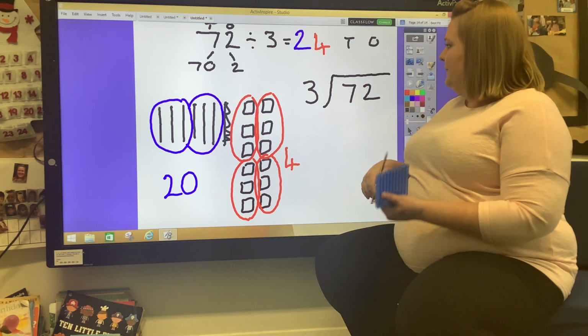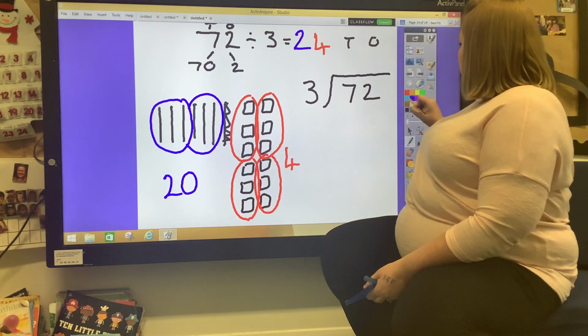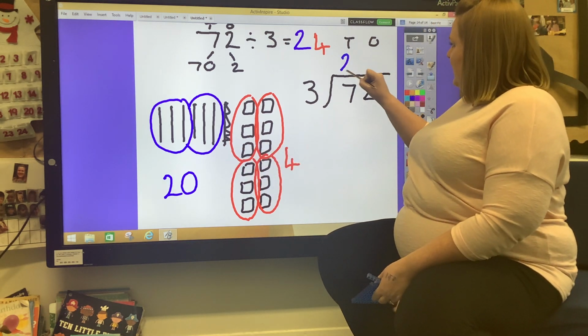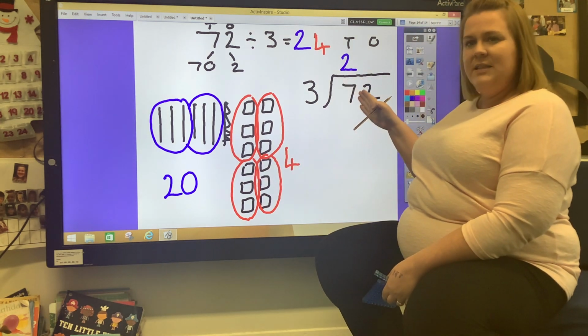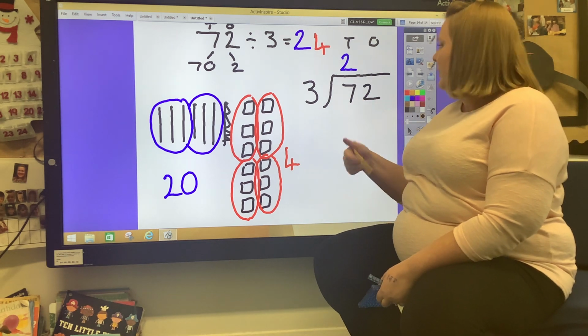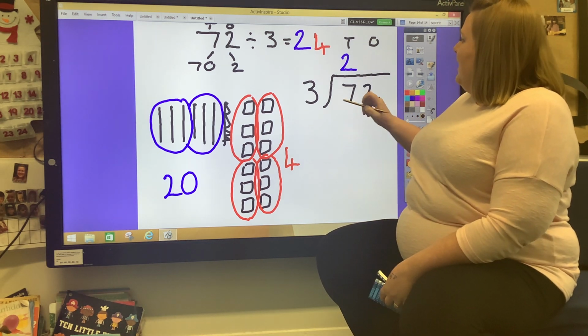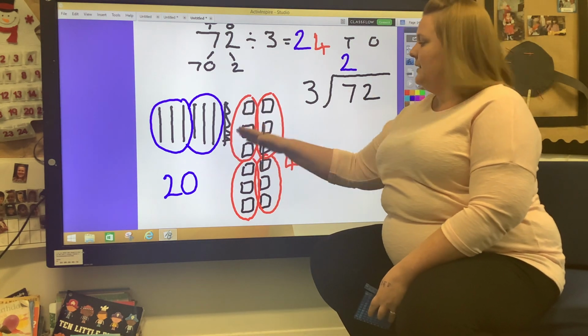I can fit in 2 lots, again linking to here, 2 lots into 7. That's like my 20. We know this isn't actually 7, it's 70, so it's actually equivalent to 20. And we do lots of place value learning around that. I then have 1 left over, as we did here. You can make the links explicit again.